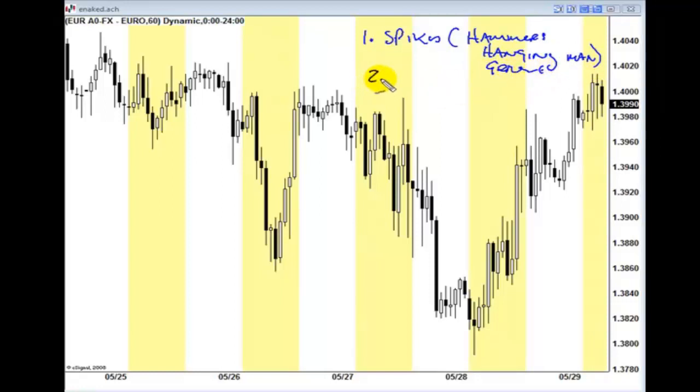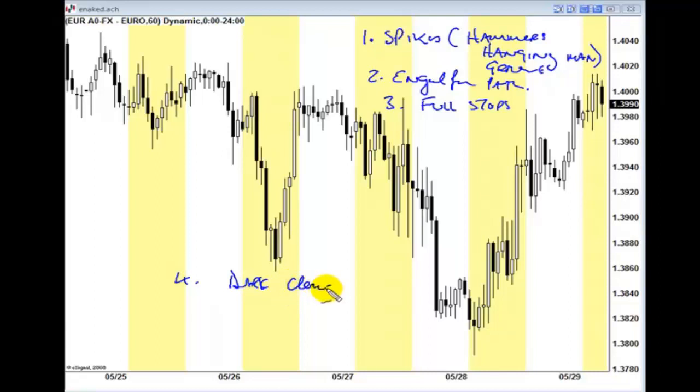The second one I want to talk about is engulfing patterns. And the third one I want to talk about is full stops. And the fourth one I'm going to write down here is dark cloud covers or piercing pattern.